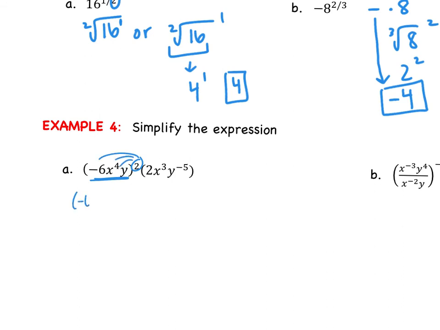So this becomes -6 squared. And then I have x to the 4th squared and y squared. So I'm just distributing the 2 to all 3 of those. And then that second set of parentheses is just going to stay the way it is.